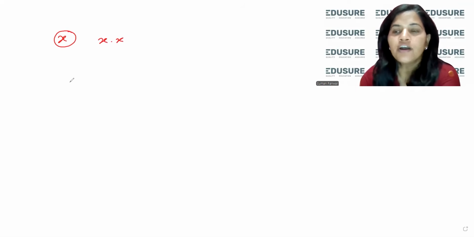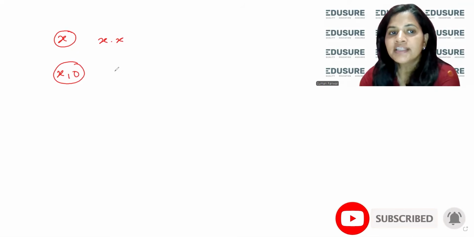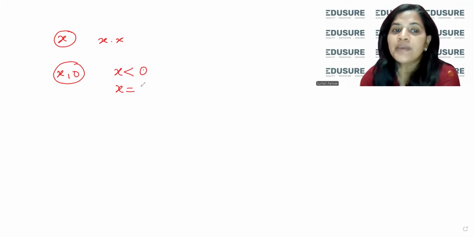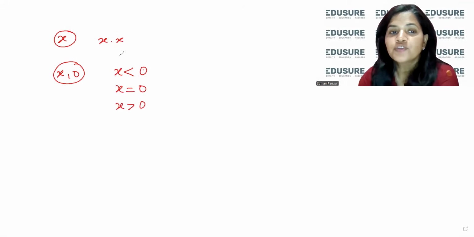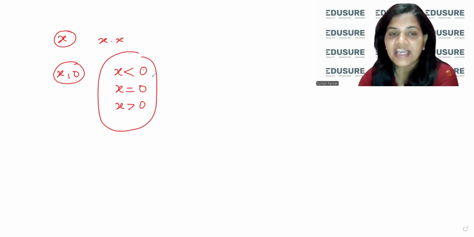You know the law of trichotomy. According to the law of trichotomy, if x and 0 are real numbers, then either x will be less than 0, or x will be equal to 0, or x will be greater than 0. So if x is a real number, either it is negative, or it is 0, or it is positive.